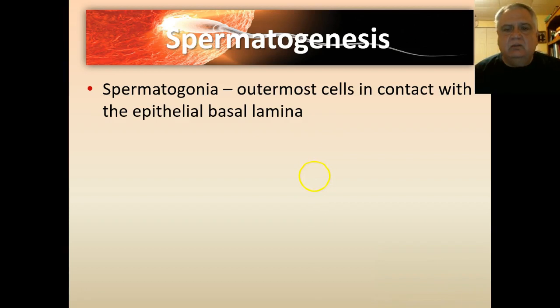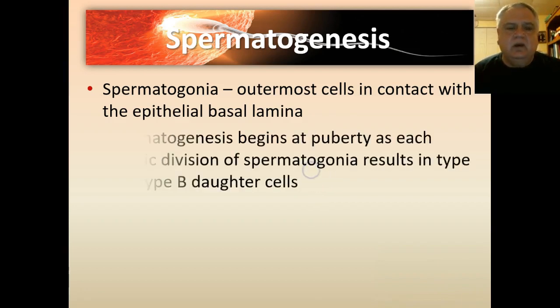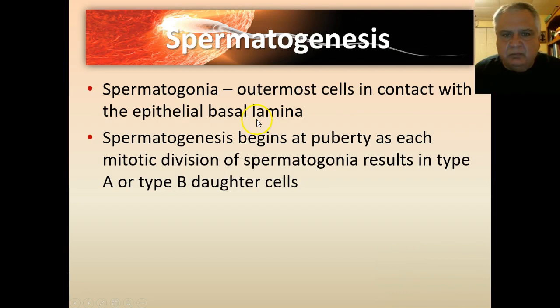As we said, these are the outermost cells that are in contact with the epithelial basal lamina. So that outer wall is made up of epithelial tissue, and the spermatogonial cells are in contact with the basal lamina, the basement membrane of that epithelial tissue.